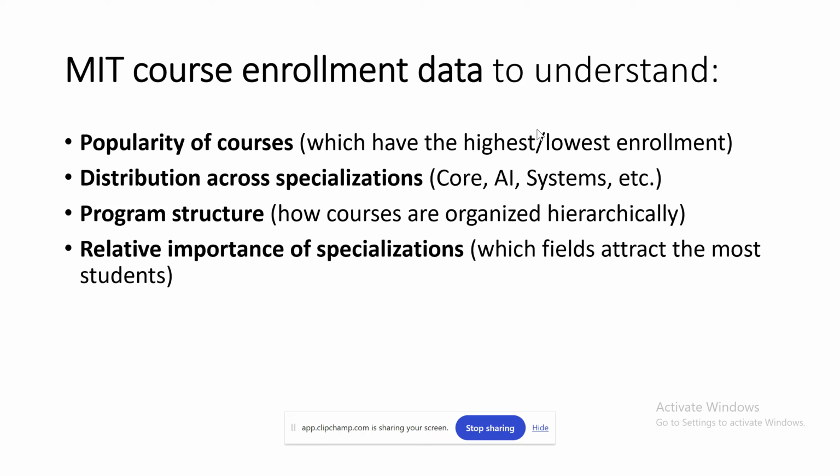The essence of this research is majorly to identify popular courses and unpopular courses, and these will be marked by highest and lowest enrollment. To also identify distribution across specialization, for example, where the core courses are taken by many students and the other specialization courses are taken by fewer students.